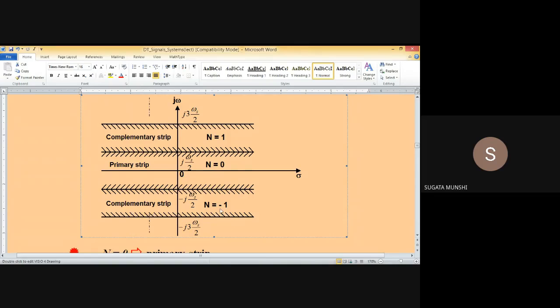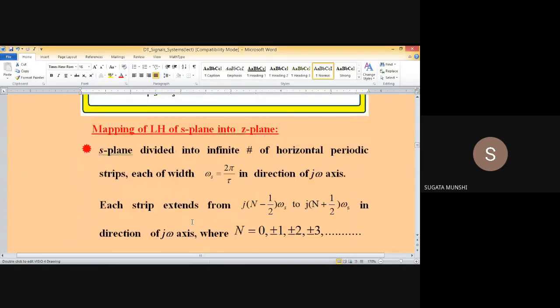The strip for n equal to -1 extends from minus j omega s by 2 to minus j3 omega s by 2, in this way. So each strip extends from j times n minus half omega s to j times n plus half omega s.